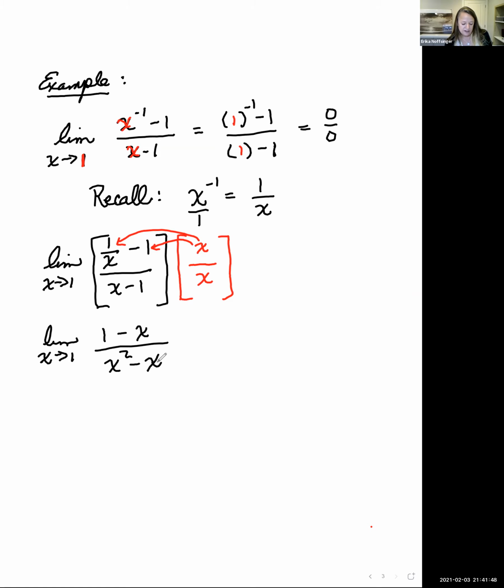Okay, so I notice again, and I shouldn't have distributed, but sometimes we don't see that right away. If we go back in here and we plug in 1, wherever we see an x in here, I'm having the same problem because this gives me 1 minus 1, which is 0, all over 1 squared minus 1, which is also 0.